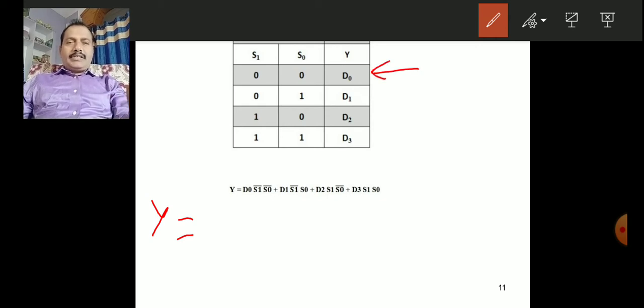Let us write the first minterm. It is S1 bar, S0 bar, D0. Isn't it? So this is the term.